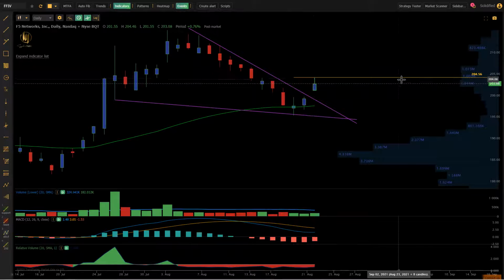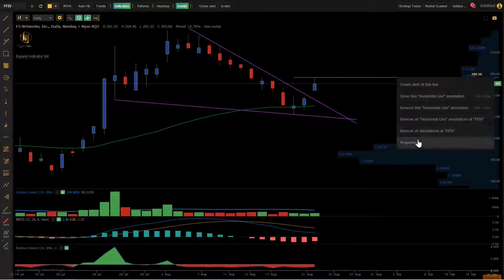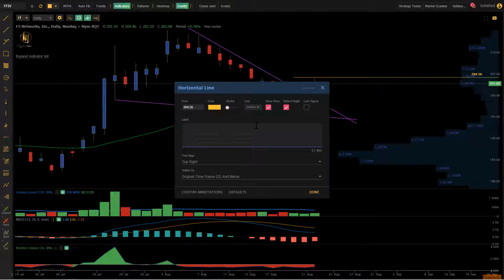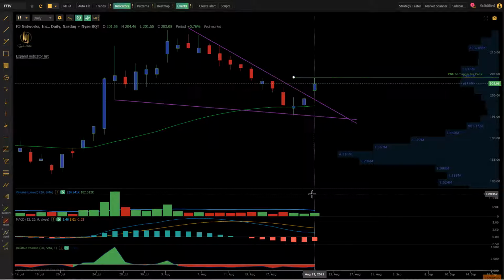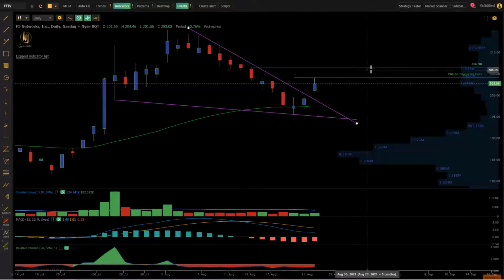The trigger would be this high of the day. First price target. Second price target.